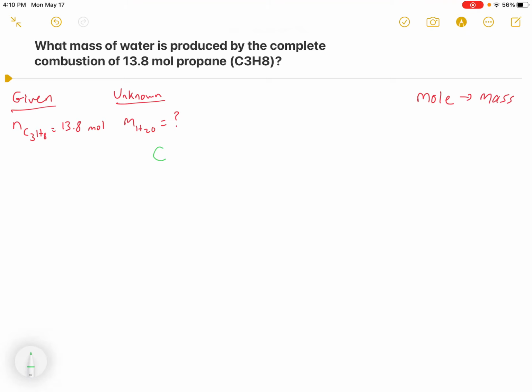So this is a complete combustion reaction of a hydrocarbon, and from the question we automatically should know exactly what's going to go into and out of this reaction. We know that combustion reactions are reactions involving oxygen, and we know already that if it's complete combustion, the products are going to be carbon dioxide and water. And then this is something that you also should be able to balance.